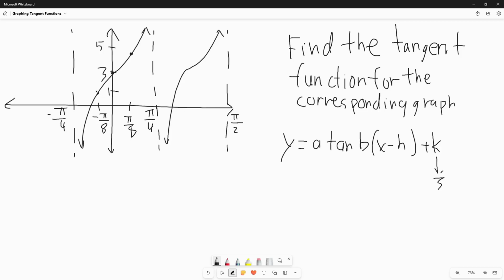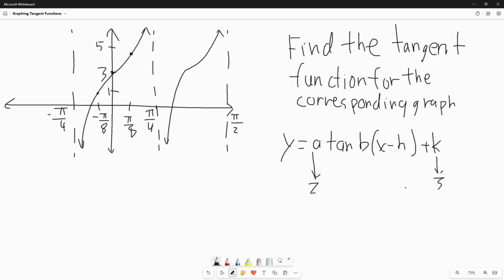And we need to figure out what the difference in the y values between these 2 points is, and then divide that by 2, because the original distance between the 2 y values is 2. So we do 5 minus 1 to find the difference, which is 4, and 4 divided by 2 is 2, which means that a is 2.